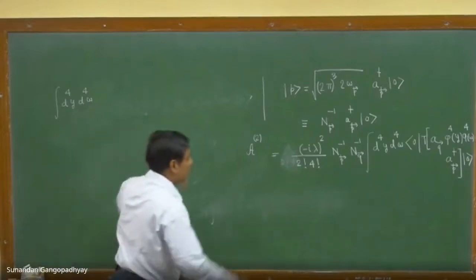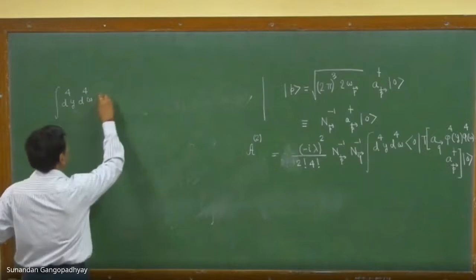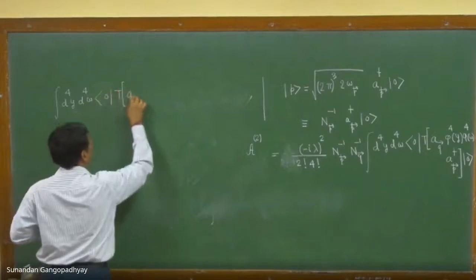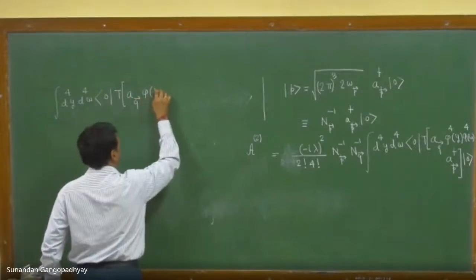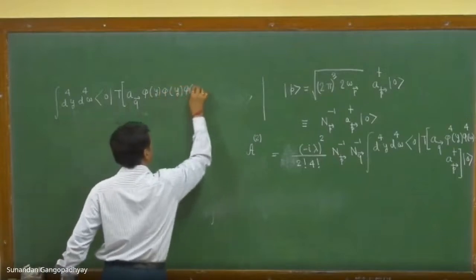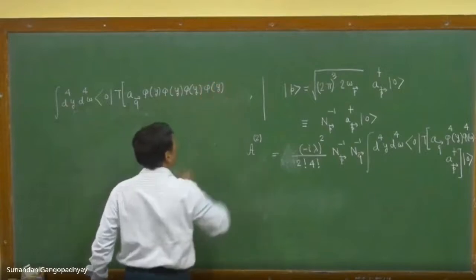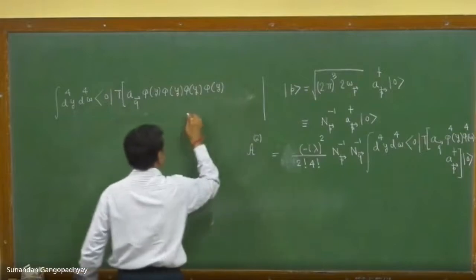Let me just write it down first and then it will be clear. So what we need to calculate is this thing, a_Q, then we have the four phi y's, then we have the four phi w's.